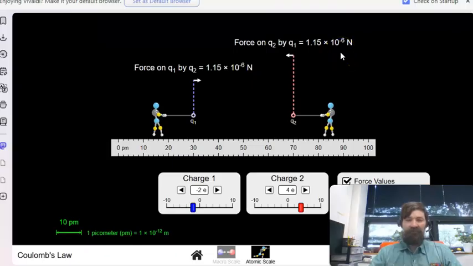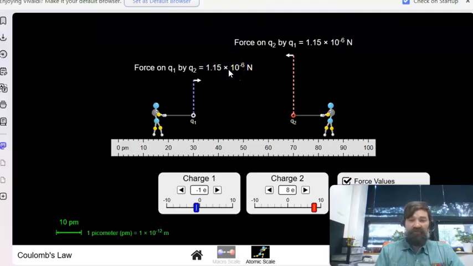But if I'm treating these things as independent variables, then in order to change the sum of charges, I still need to make the product the same value. So -2 and 4, the product is -8. So if I'm going to change this one to -1, I actually need to change this guy to +8. And what do you know? We actually have the same amount of force here.